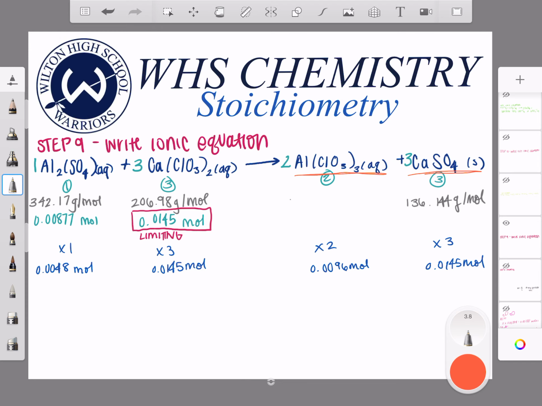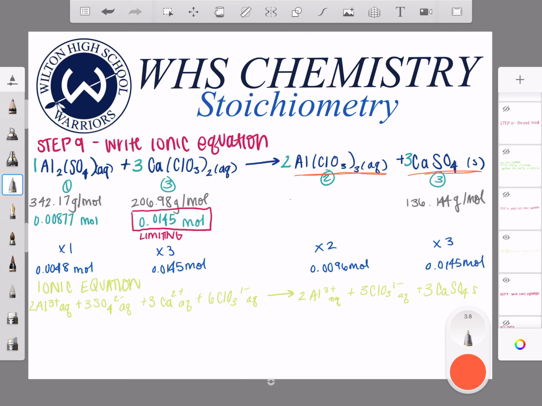ionic equation. So when you write the ionic equation, you take any of the substances that are in an aqueous state, and you break them up into their ions. So we've done that here. We have our aluminum sulfate, our calcium chlorate, and our Al(ClO3)3.